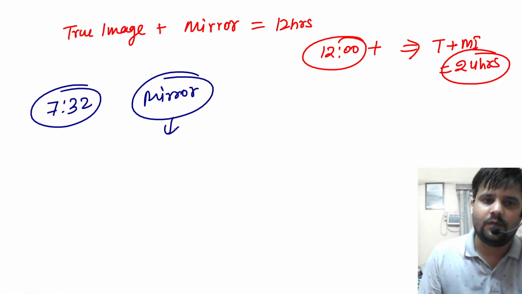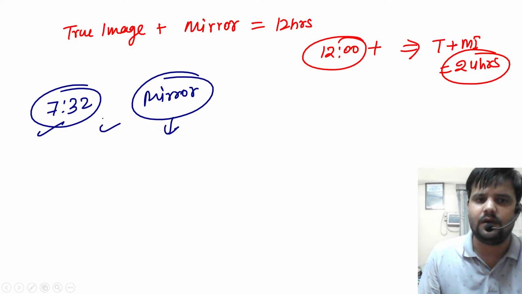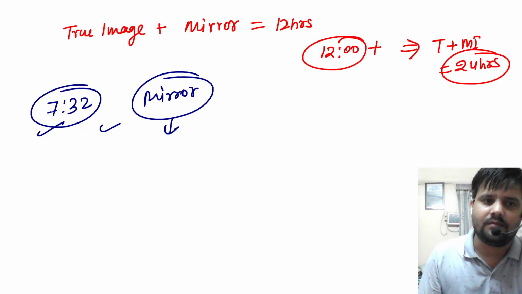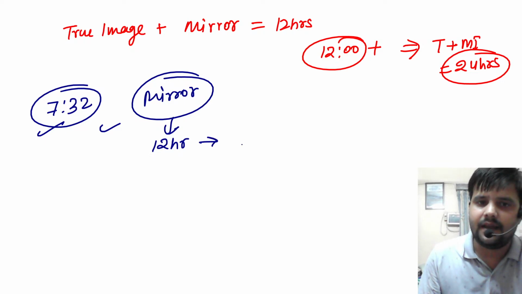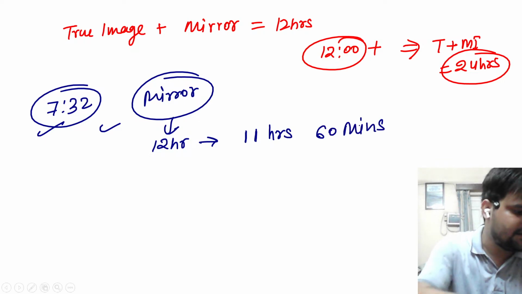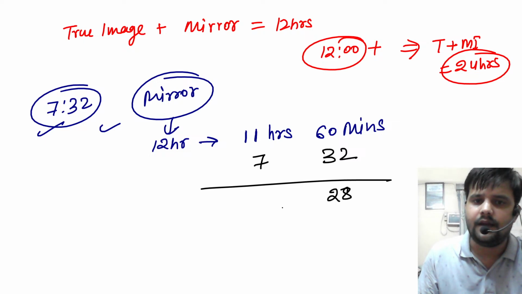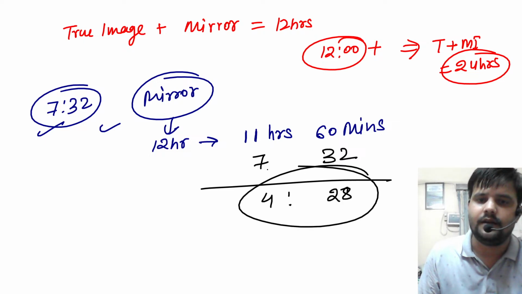We know that the addition of mirror image and true image would be equal to 12 hours, so we will subtract it from 12 hours. Instead of writing 12 hours, I'll write it in hours and minutes. It will be better if I write it as 11 hours and 60 minutes. From 11 hours and 60 minutes, I'll subtract this 7 and 32. When you subtract it, you'll get 28 here, and 11 minus 7 would be 4, so 4:28. This would be the time in the mirror image.